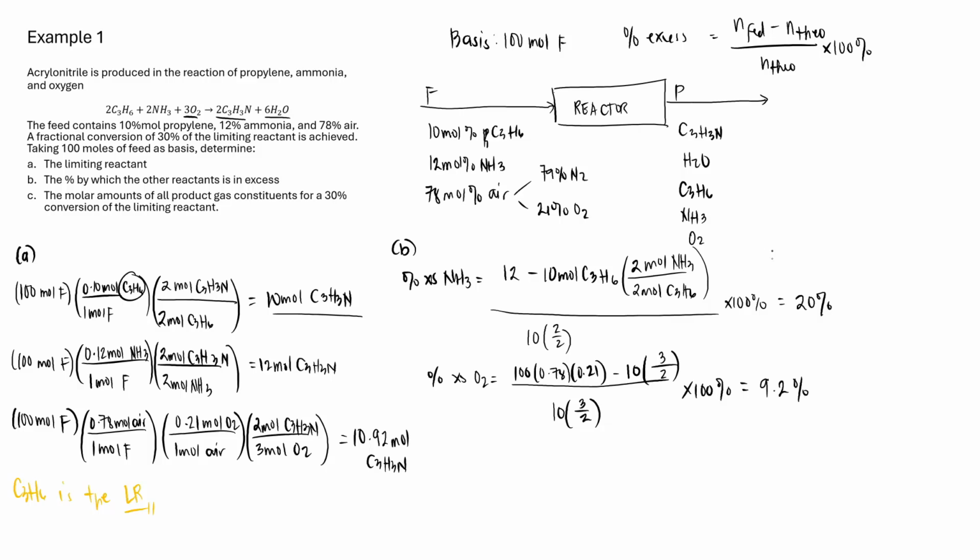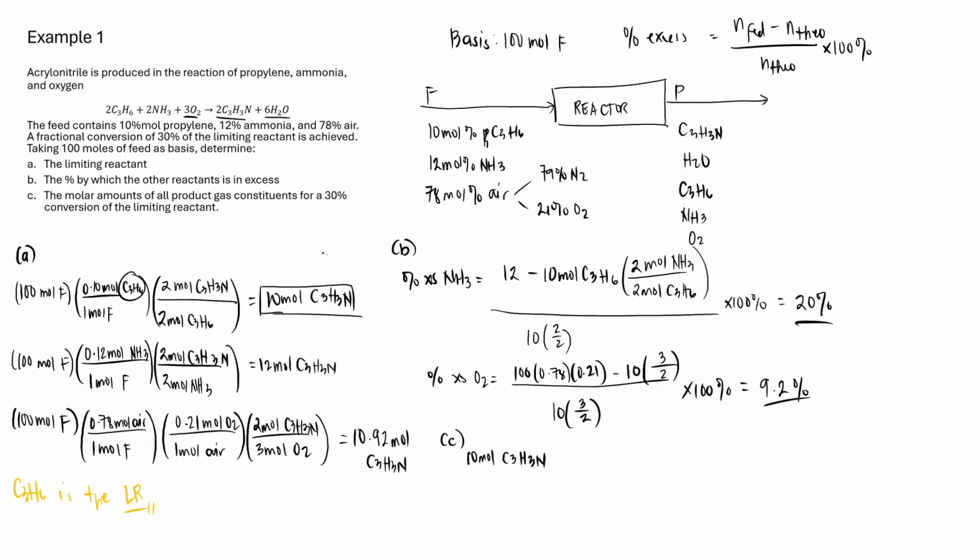So that's B, done. Letter C, the molar amounts of all product gas constituents for a 30% conversion. Okay, I don't have any more space. Letter C. C3H3N is this one, it already has its value: 10 moles C3H3N.